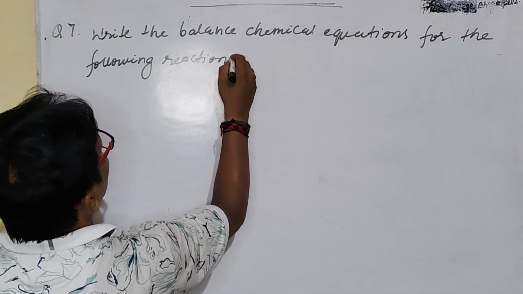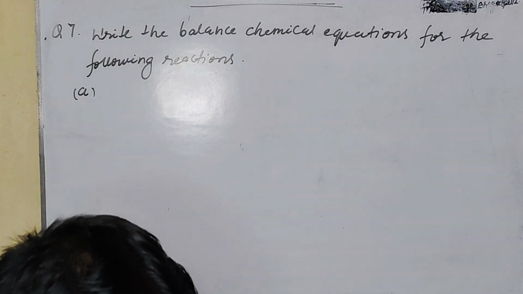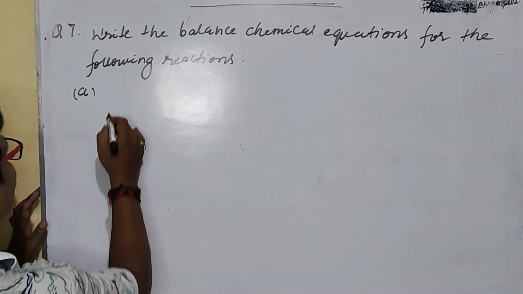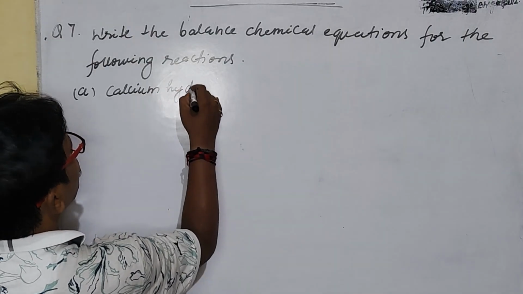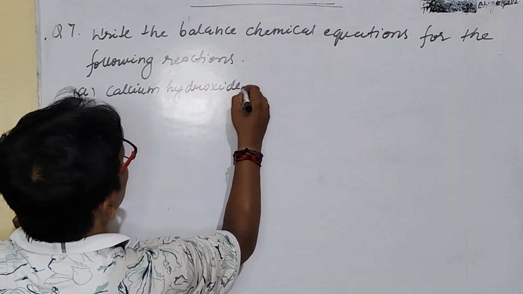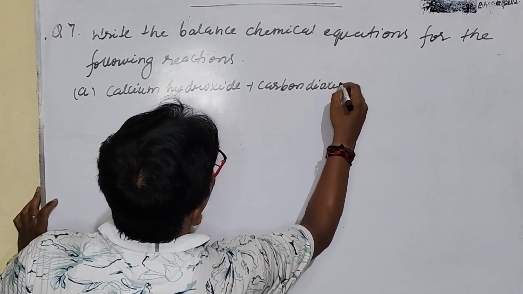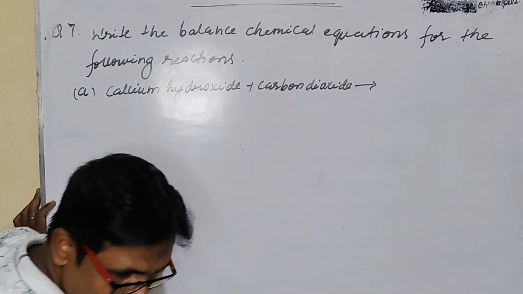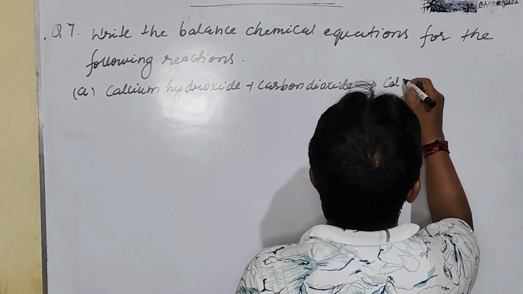So my dear student, you can write down the first one, calcium hydroxide plus carbon dioxide gives us calcium carbonate plus water.